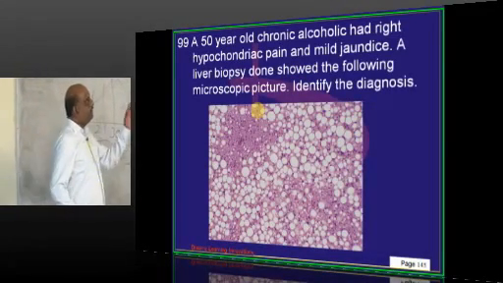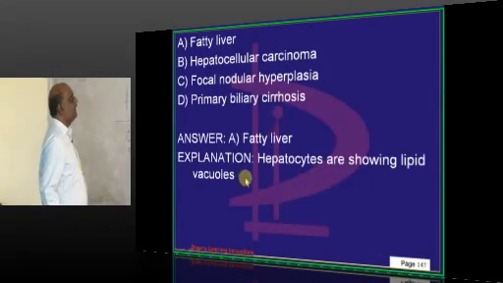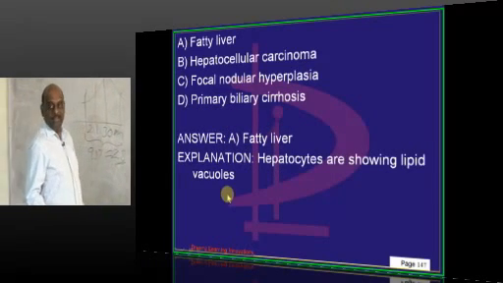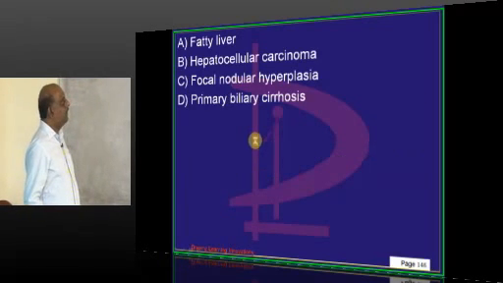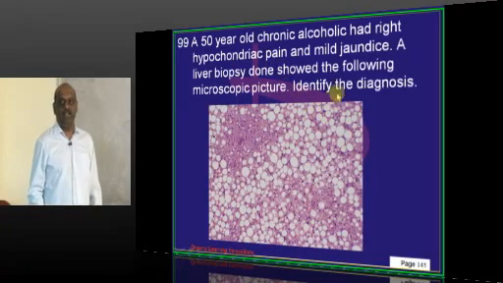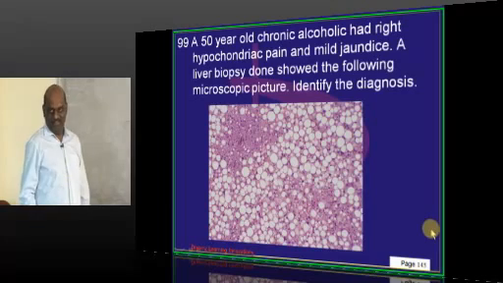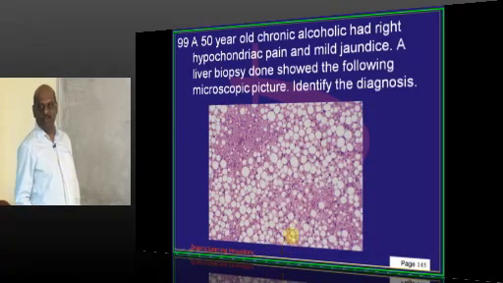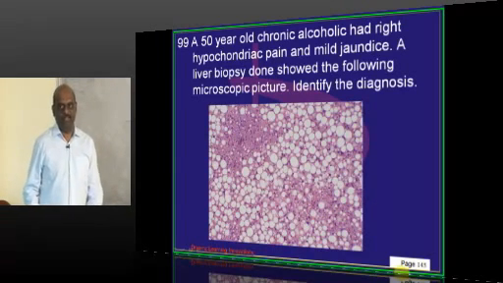Then a 50-year-old chronic alcoholic, hypochondriac pain, liver biopsy shows. Obviously, this is a very silly and easy question on the planet Earth. Oh no, focal nodular hyperplasia, you meant to say because of this clustering of the fibrotic appearance. You should not confuse, that is what the examiner wants. No. Focal nodular hyperplasia, you need to see the histopathology.